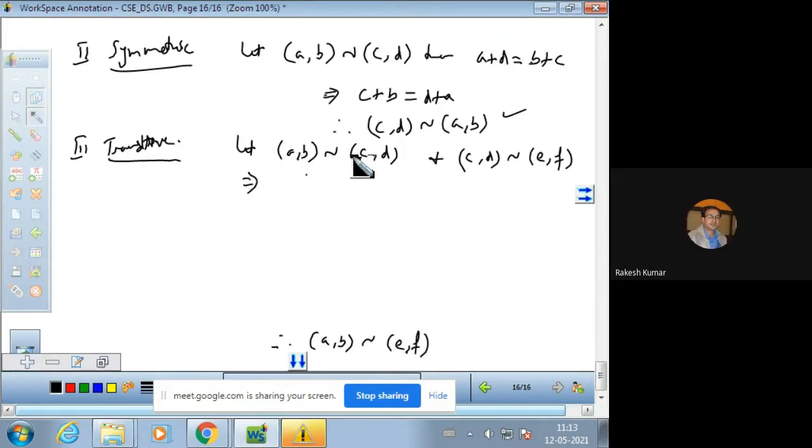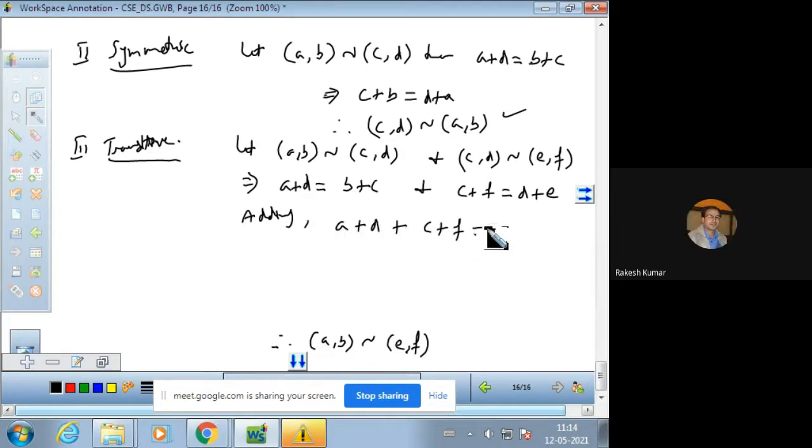Now, what does it give? It gives that a plus d is equal to b plus c. And it gives that c plus f, by definition, is equal to d plus e. Now, adding these two, you will have a plus d plus c plus f is equal to b plus c plus d plus e.